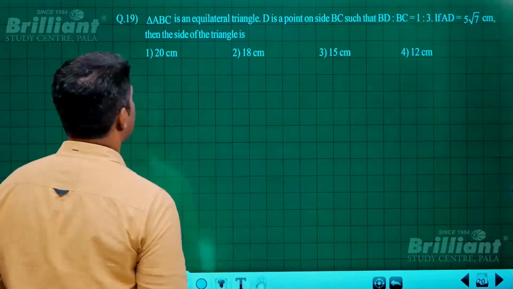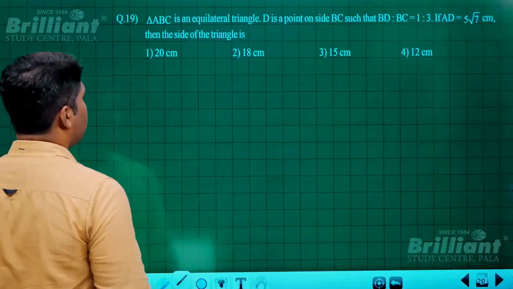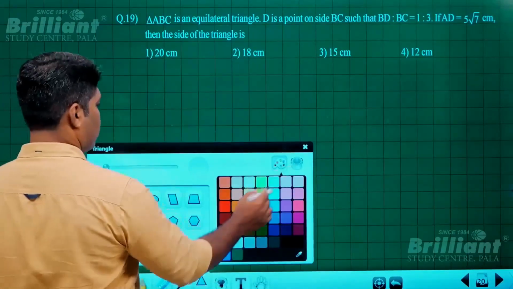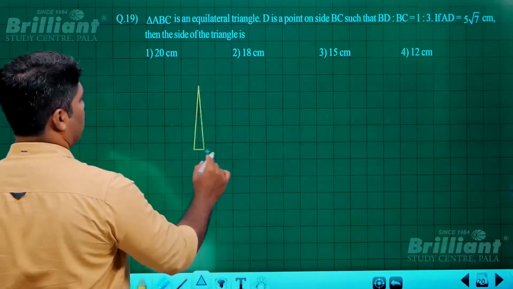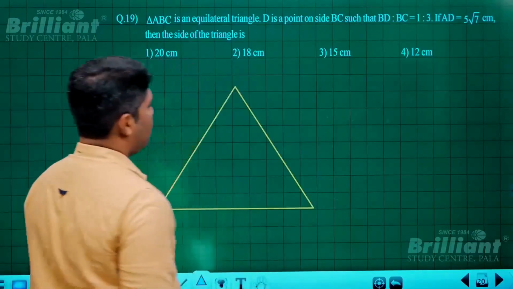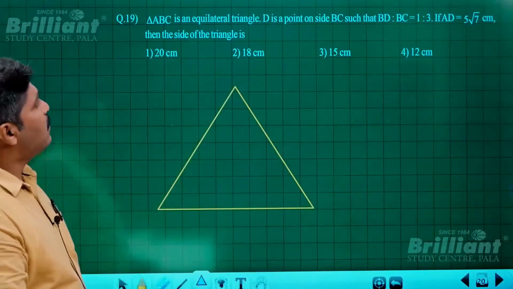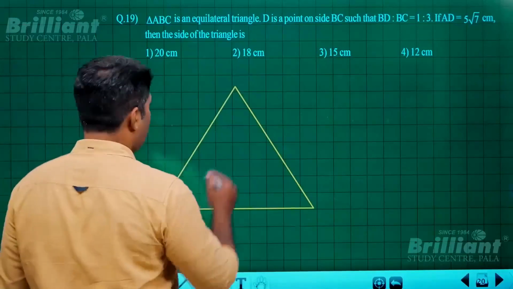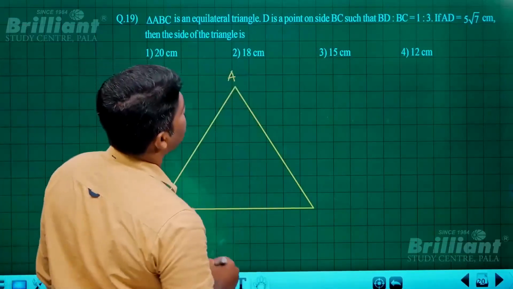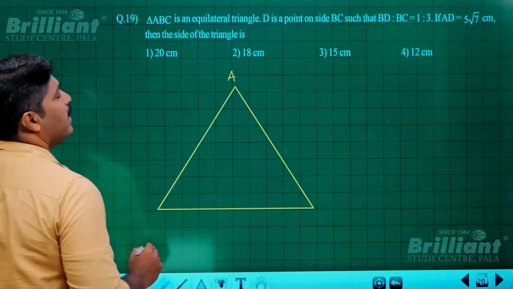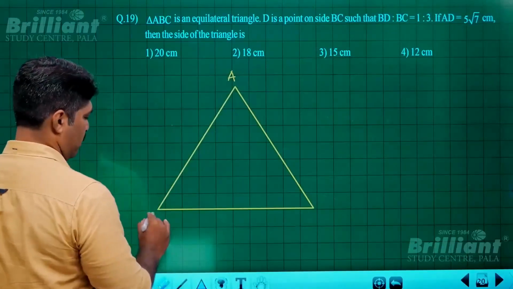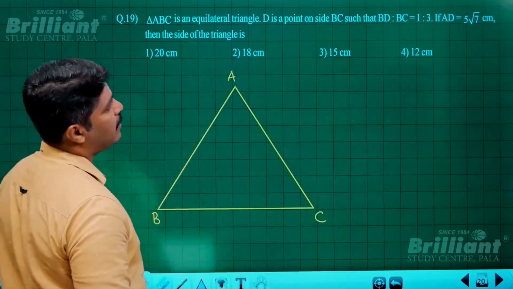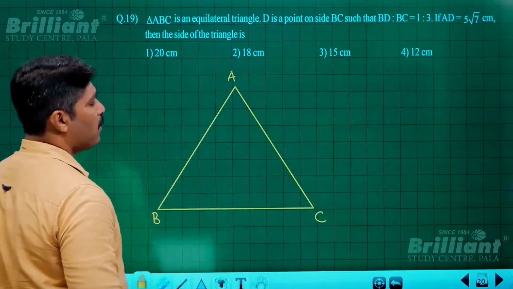So here first we have to draw a triangle, an equilateral triangle. So in this equilateral triangle ABC, D is a point on BC, and BD is to BC equal to 1:3.